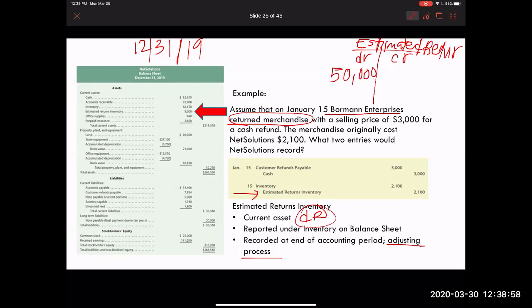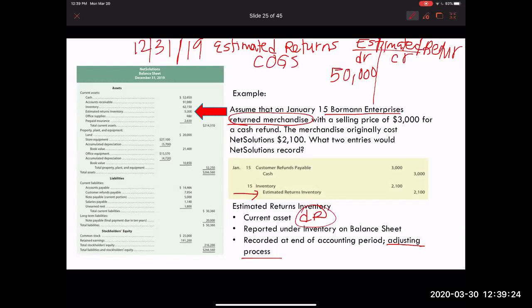We'll talk about what the journal entries look like in the next slides. We did an adjusting entry where our debit was the estimated returns inventory of $50,000, and our credit was to cost of goods sold, also $50,000.